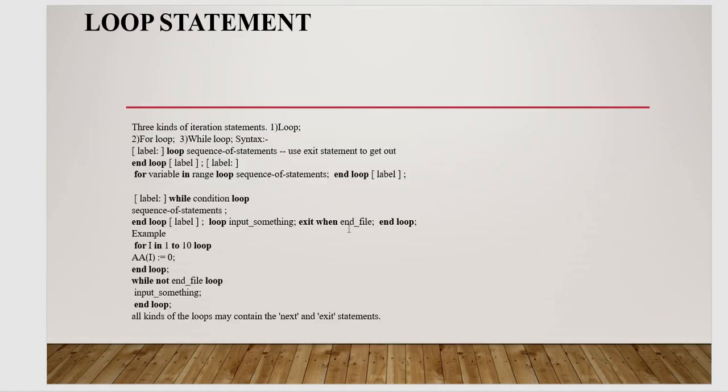Then there is the loop statement. There are three kinds of iteration statements as far as loops are concerned: a pure loop statement, only loop; then the second one is the for loop, and the third is the while loop.